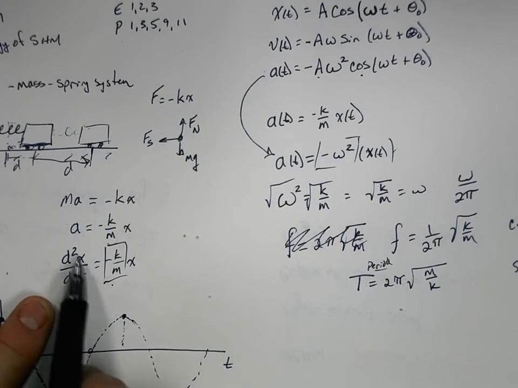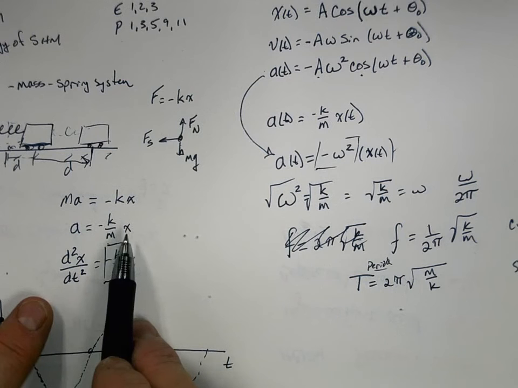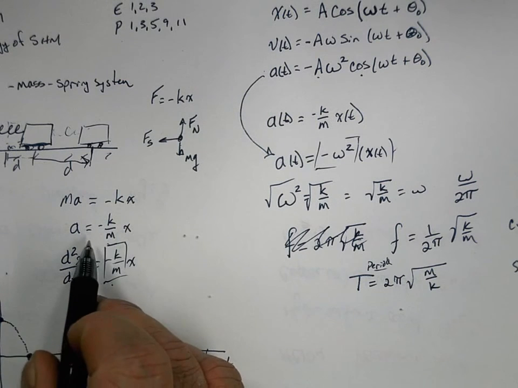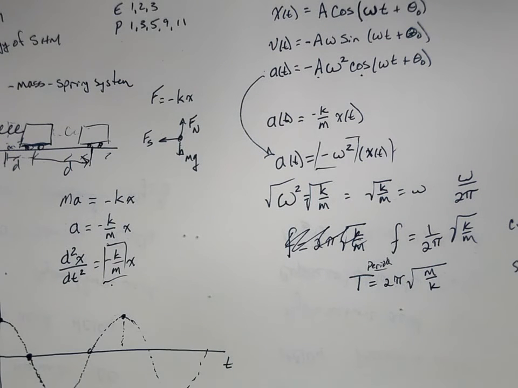Recognize that if you have acceleration related to x, particularly with the negative here, this happens with the restoring force. This happens when your displacement causes a force that would return the object to its original position. It's the only time it happens.